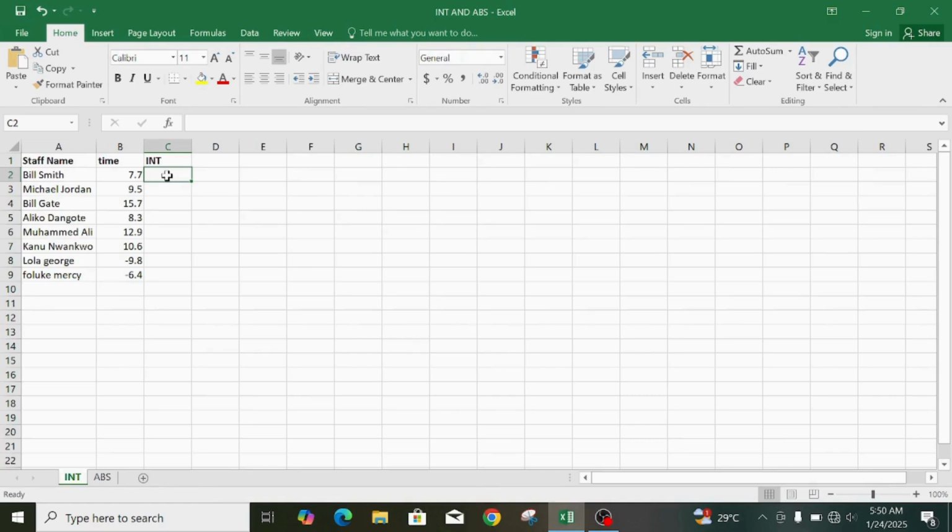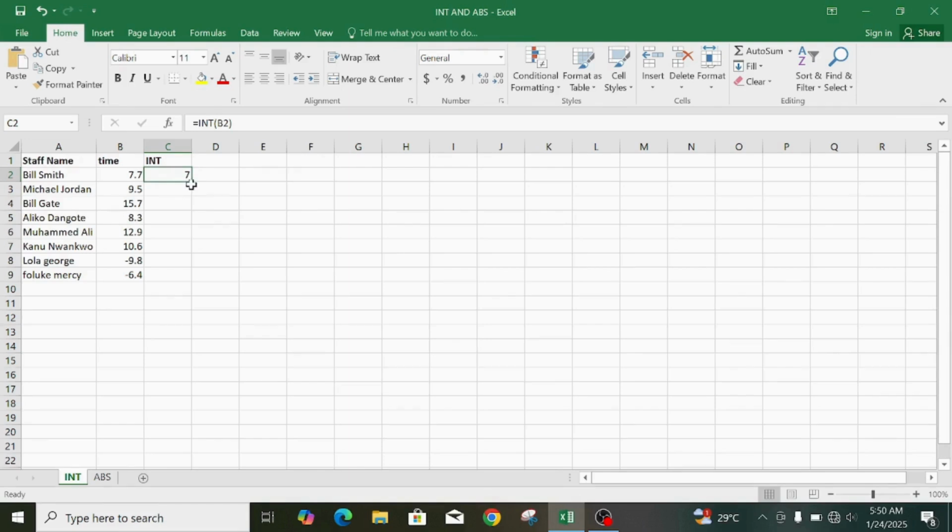So if we're going to be using the int function, we have the int here, and we pick the cell we want to use. All you need is to close the bracket. And with this, you have the round down. It's rounded down to the nearest integer.